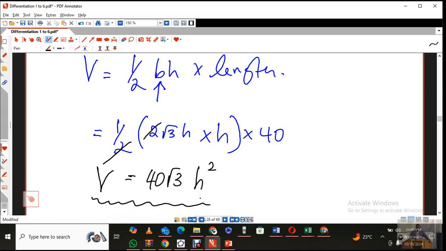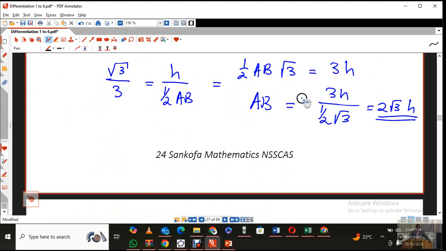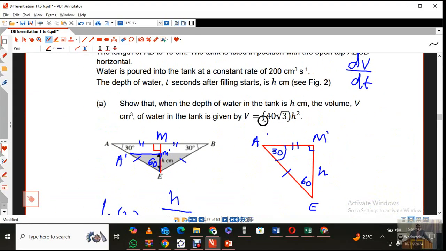And this was what they wanted us to prove in the first place. They say the depth of water in the tank, 8 centimeter, this one, the volume, show that the volume V cubic centimeter of the water in the tank is given by that formula. So that's the volume of the water in the tank.